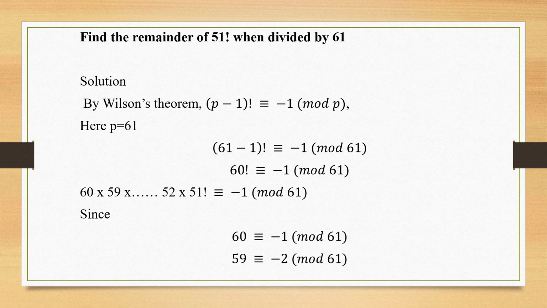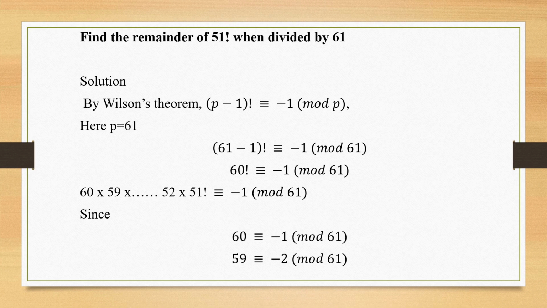Now how can I write 60 factorial? I can write it from 1 to 60, that is 1, 2, 3 and so on up till 60. This is how we write factorial numbers. But just imagine for 60 factorial, if I start from 1, it is going to be a very tedious process. So I will start from 60 down to 51, 10 numbers.